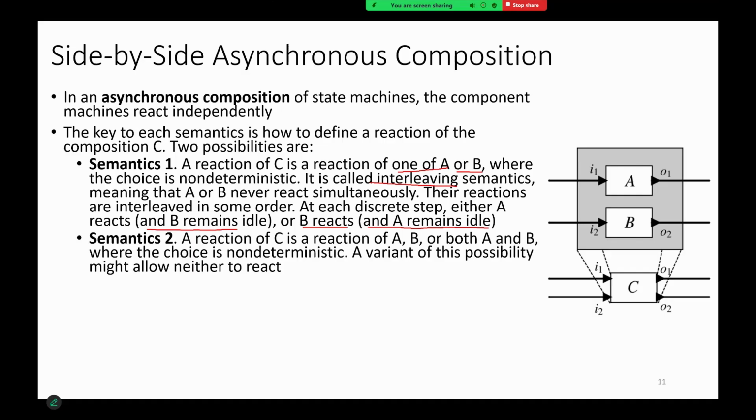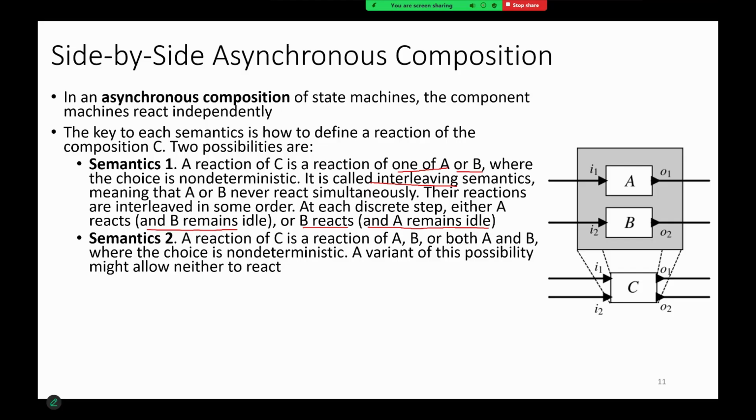And then semantic 2: the reaction of C is a reaction of A, B, or both A and B, where the choice again is non-deterministic. A variant of this possibility allows neither of them to react.